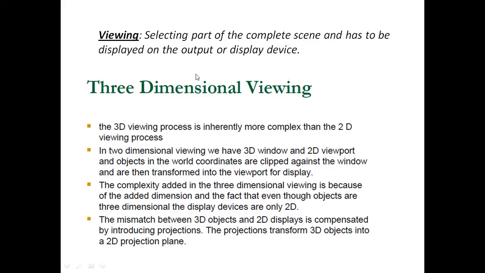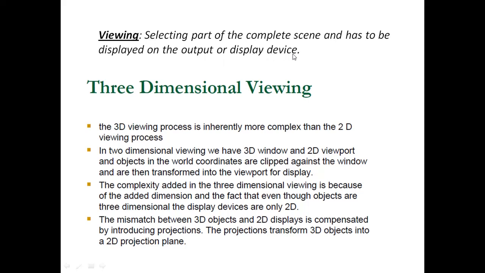Now we shall see some of the basic concepts that are included in three-dimensional viewing. Before knowing what three-dimensional viewing is, we shall see what a viewing process is. Viewing is nothing but selecting a part of the complete scene to be displayed on the output or display device.